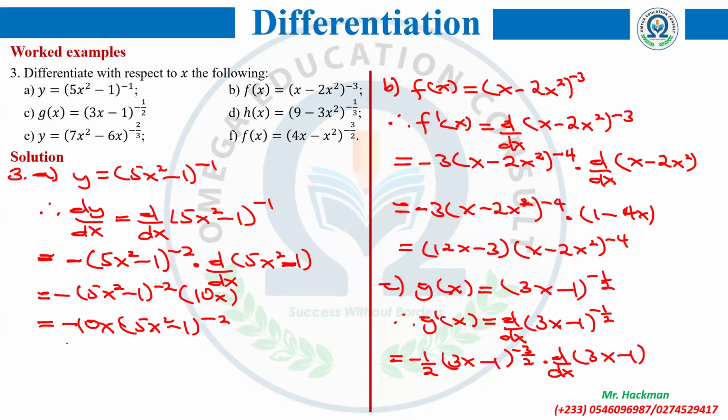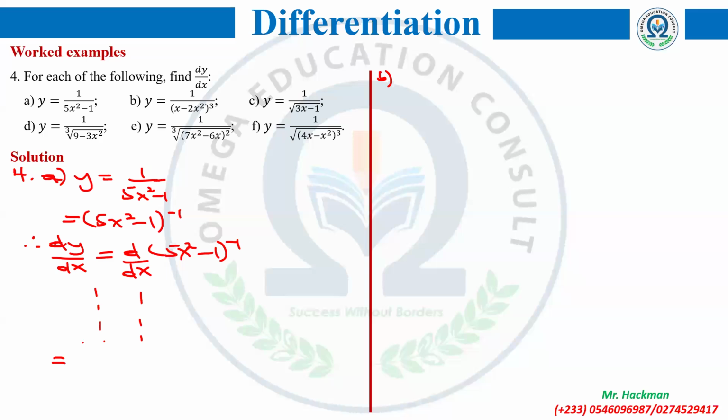So this gave us what? Minus 10x. I'm going to write the final step in that particular question: minus 10x into 5x squared minus 1, all to the power negative 2.